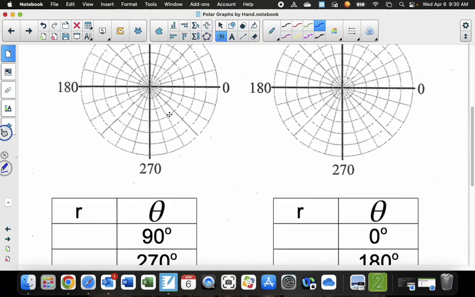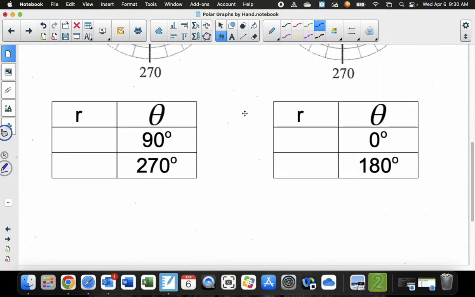So when we get down to here, here's what I'm talking about. Since this is a sine, you would take your equation and plug in 90 degrees for theta, or pi over 2 if you have it in radians. You plug it in and see what you get for a value. If you get, let's say, 2 or 4 or 5 or whatever, a number other than 0, then you know there's a petal of that length on that axis.